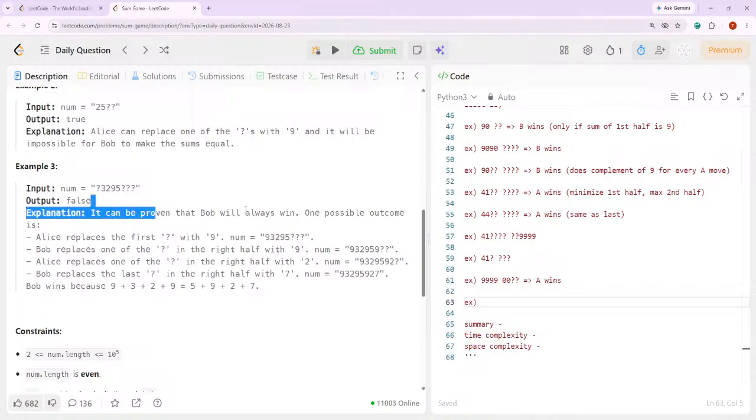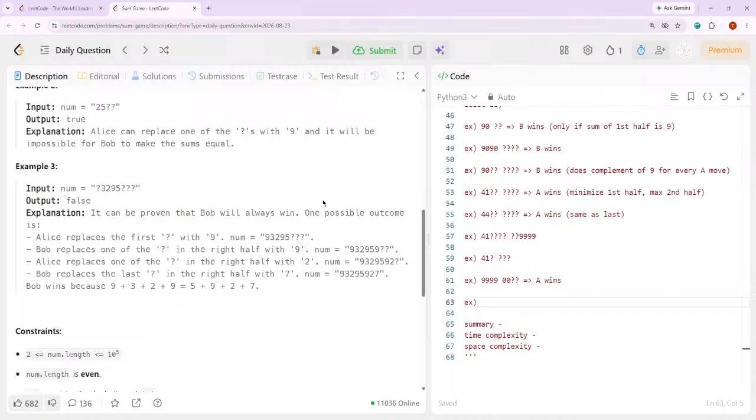It can be proven that Bob will always win. 3295 adds up to 14 versus 5, so the difference is 9.